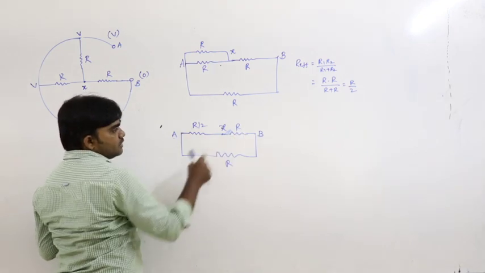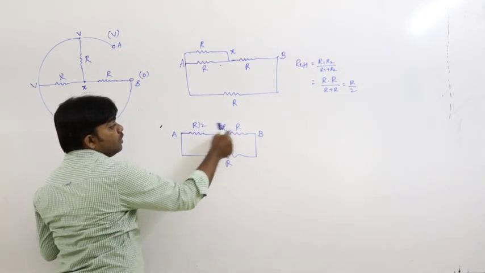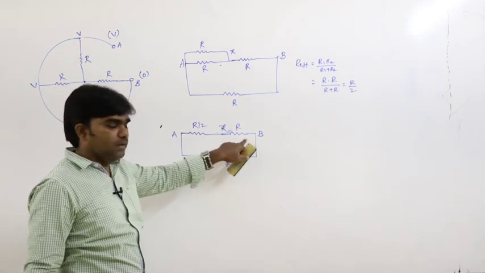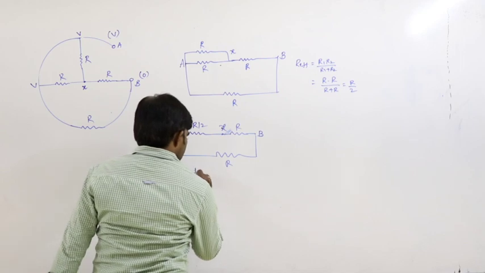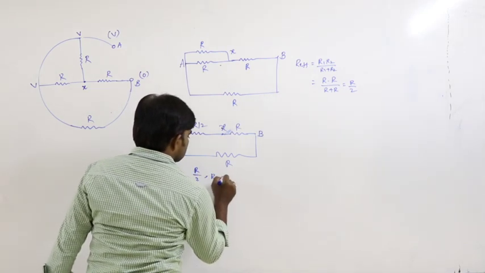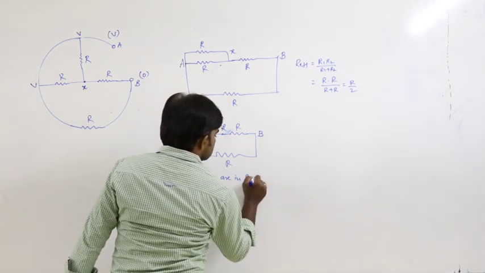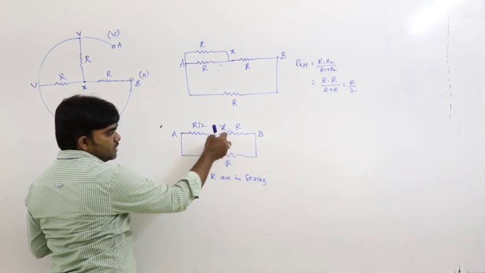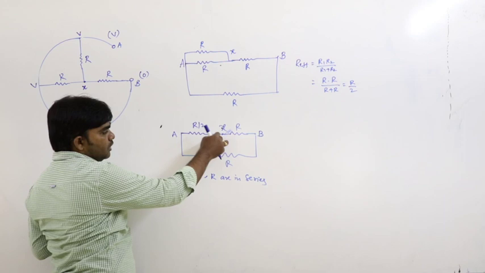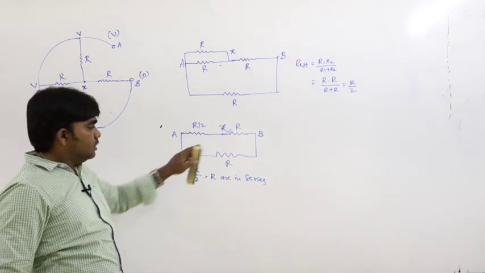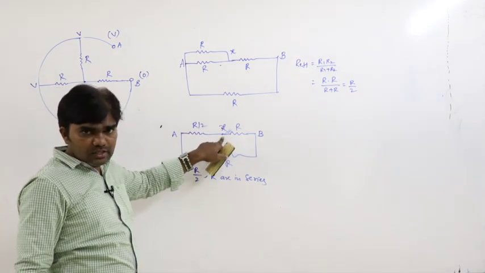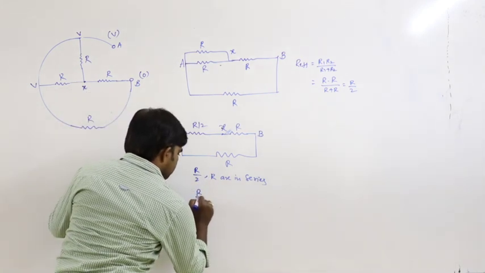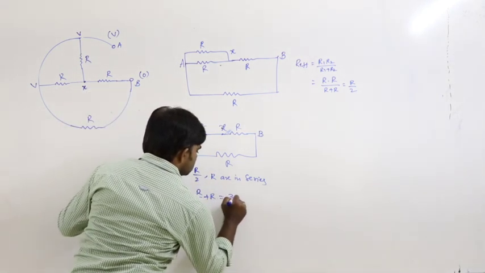If A and B are at the same potential, then R by 2 and R are in parallel, but different potentials, A, X, B. So here R by 2, R are in series because here there is a different potential. If it is all the same potential, there is parallel, but it is different potential. That's why series.